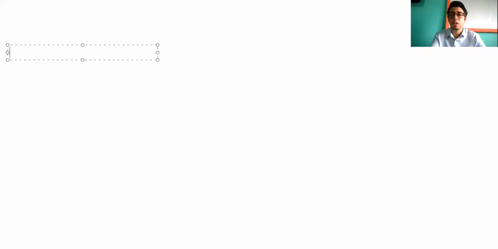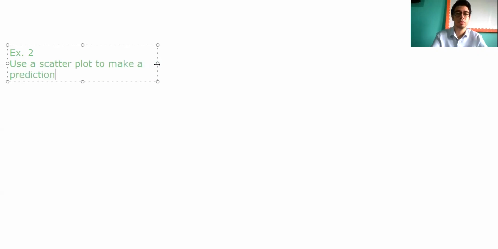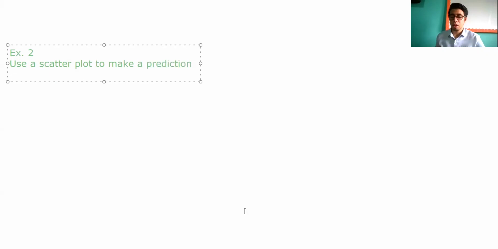Then we continue with example 2. Example 2 is about using a scatter plot to make a prediction. The scatter plot shows the relationship between the number of people at a water park and the temperature.